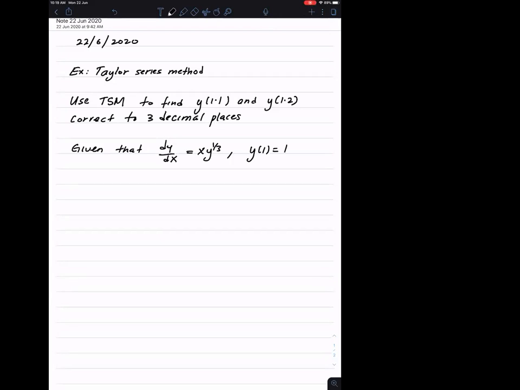It's like x naught, y naught. So you know that your x naught is 1, y naught is 1, and the step size is given as 0.1.